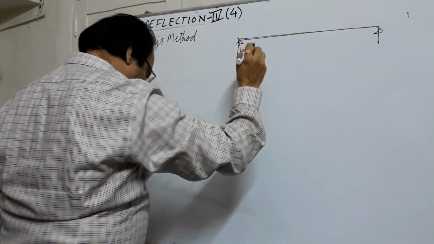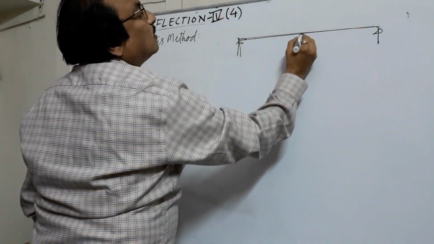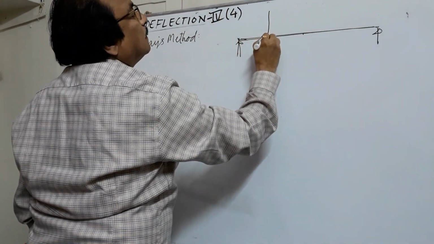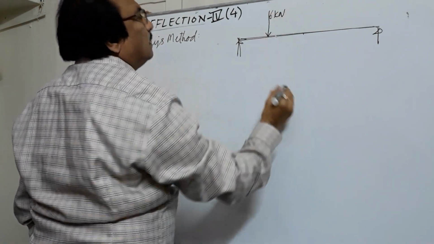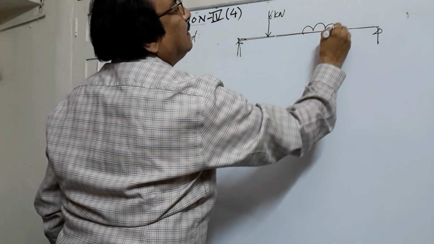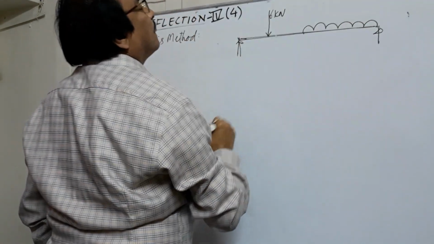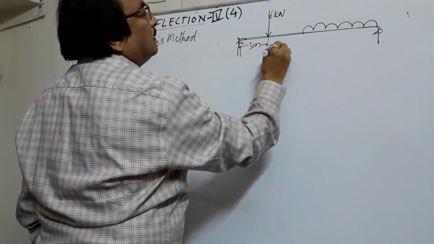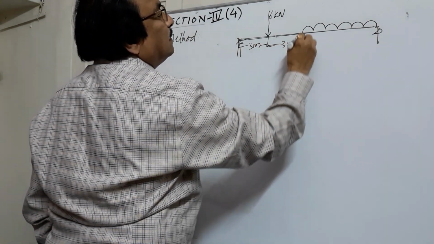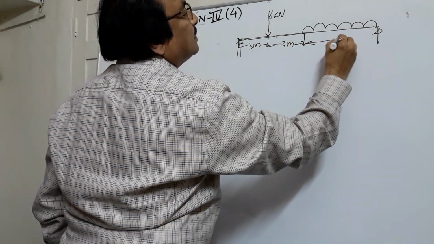It is carrying a point load of 6 kilonewton and there is a UDL acting. So this distance is 3 meters, this distance is 3 meters and this distance is 6 meters.